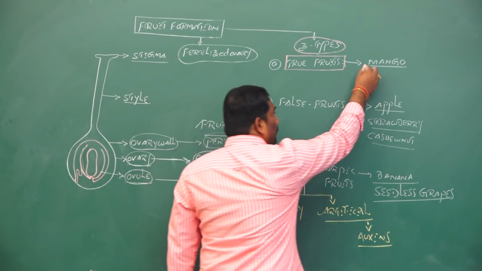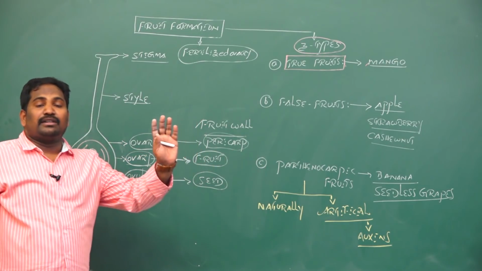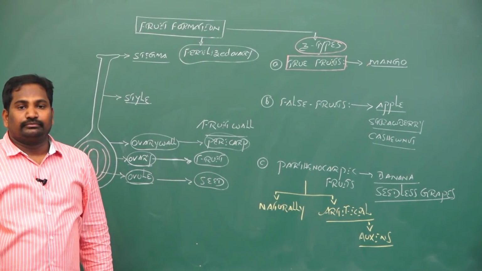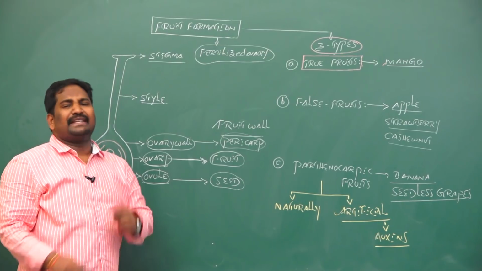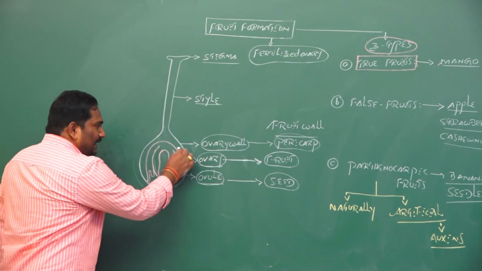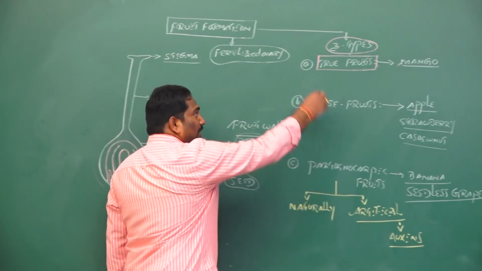Example, mango, Mangifera indica, named by the scientist Linnaeus. It's the national fruit. It's a true fruit. What is a true fruit, sir? A fruit that develops only from the ovary is called a true fruit.